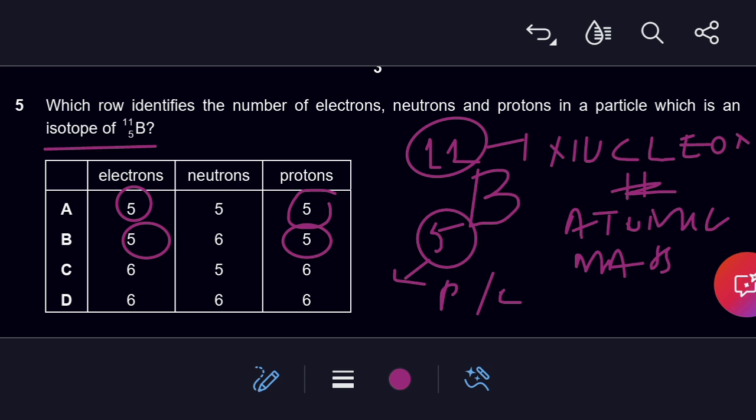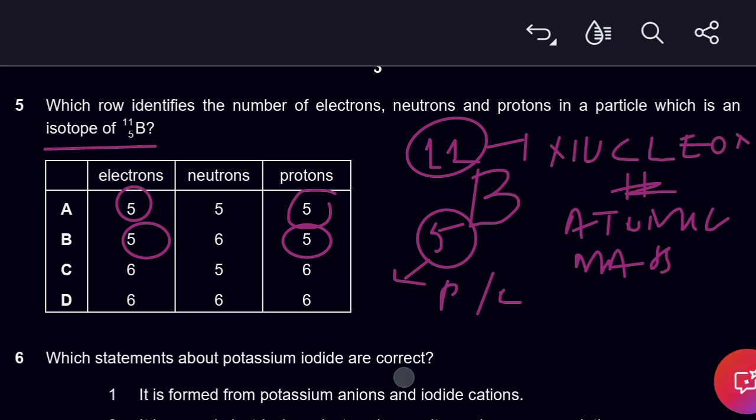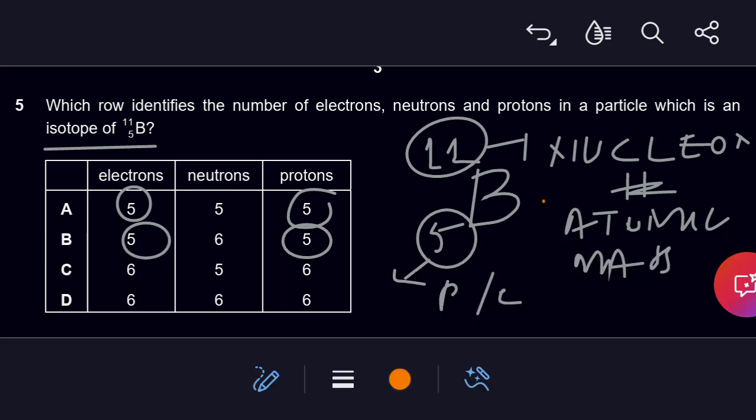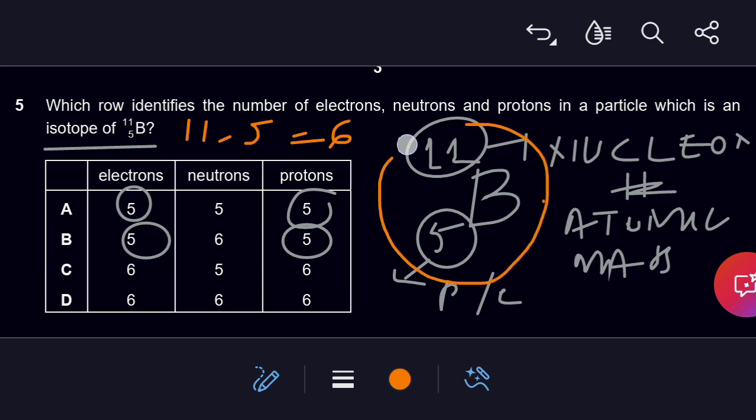So they're talking about an isotope. If we look at the normal state, students, as you see over here, boron is 11 and 5. So how do you find the neutron number? It is 11 minus 5. The answer is 6. So in this particular atom listed for boron, the neutron number will be 6, but they are talking about an isotope.